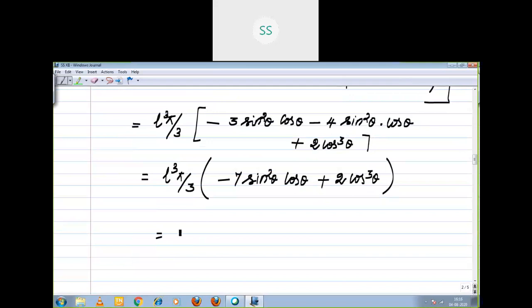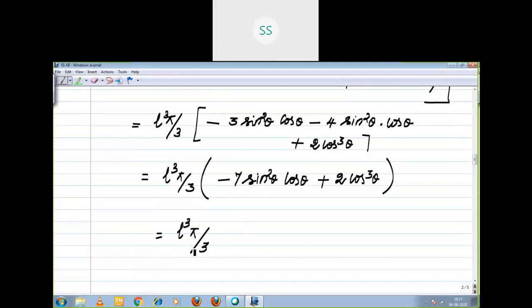Now, which is equal to L cube pi divided by 3 into, sin square theta can be written as 1 minus cos square theta.